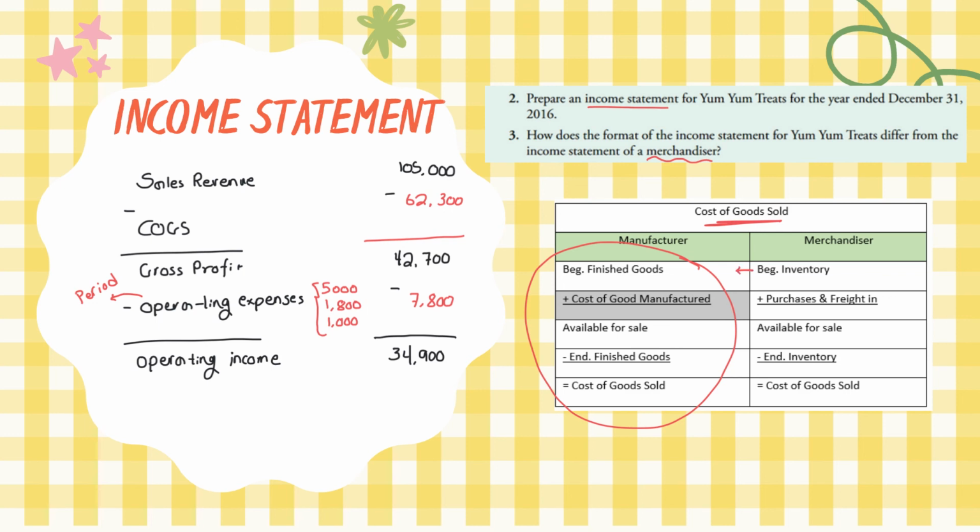Okay, and ending finished goods, it's the same as ending inventory, but the only difference is this one, this line. For the manufacturing company, you're gonna add cost of goods manufactured, while for the merchandiser, you're gonna add purchases and freight. And because you are not manufacturing anything, you are just buying a ready for sale product and sell it out to the customer at a higher price.